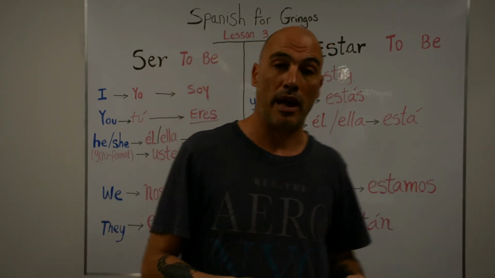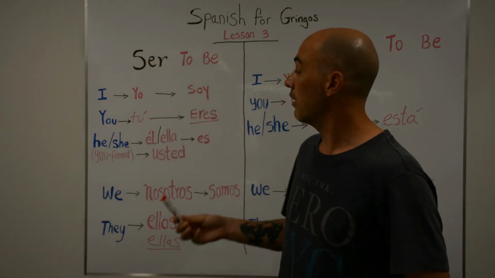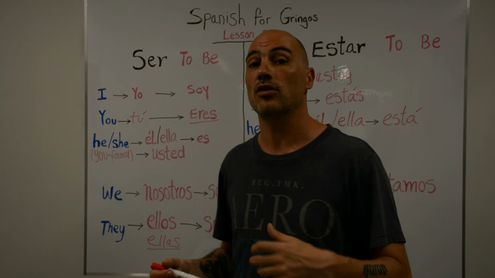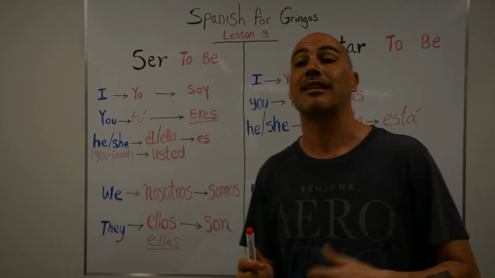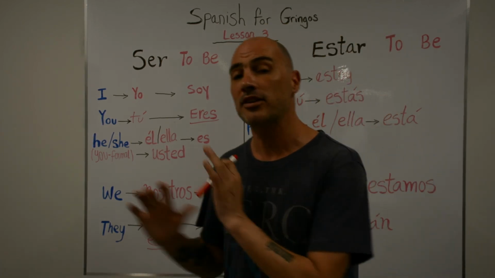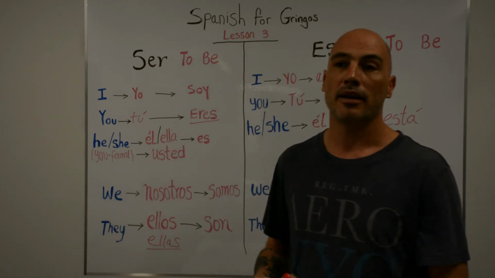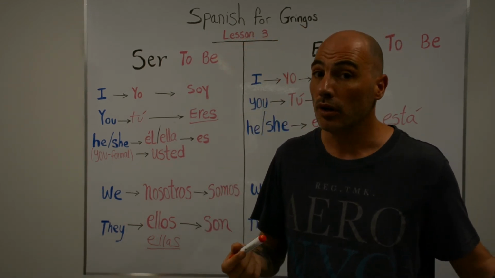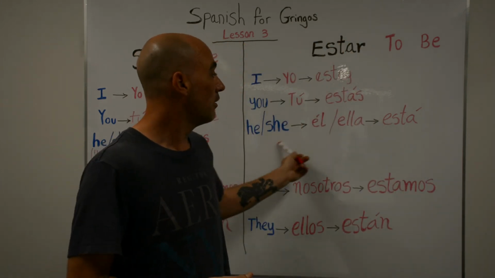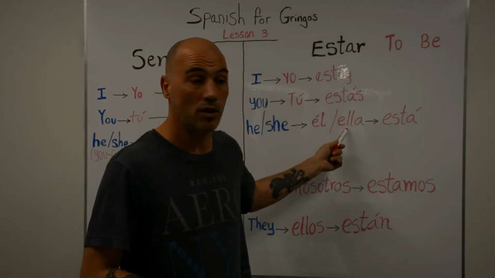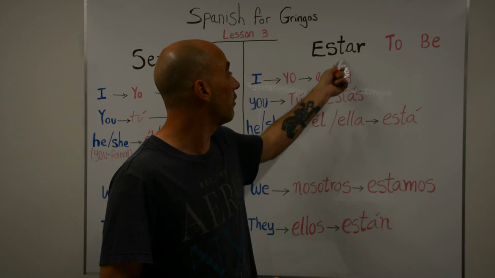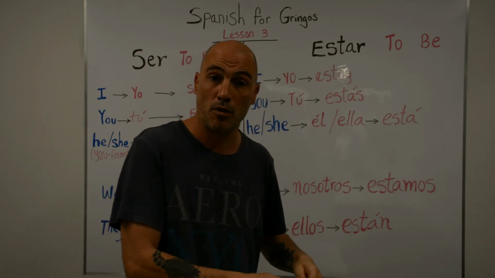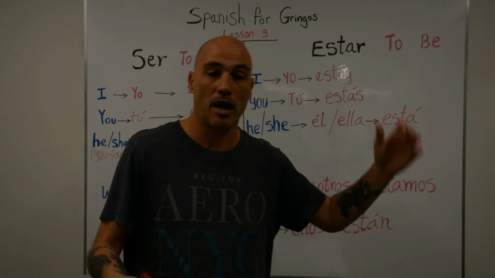Well, if you were to say she is a good person, you could say ella es una buena persona, because you're saying that's a good person. But if you say you're being rude, now all of a sudden that's a temporary state. So you would use this version of to be because it's a state of emotion. You're being angry, you're being whatever.